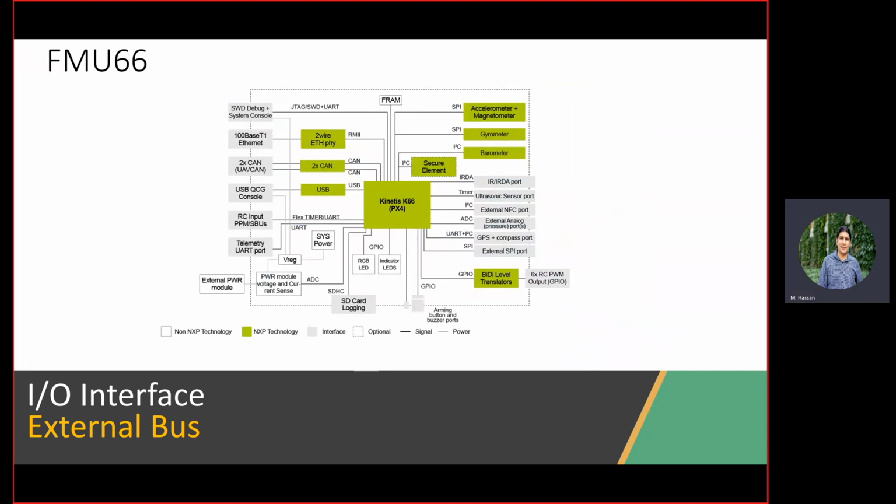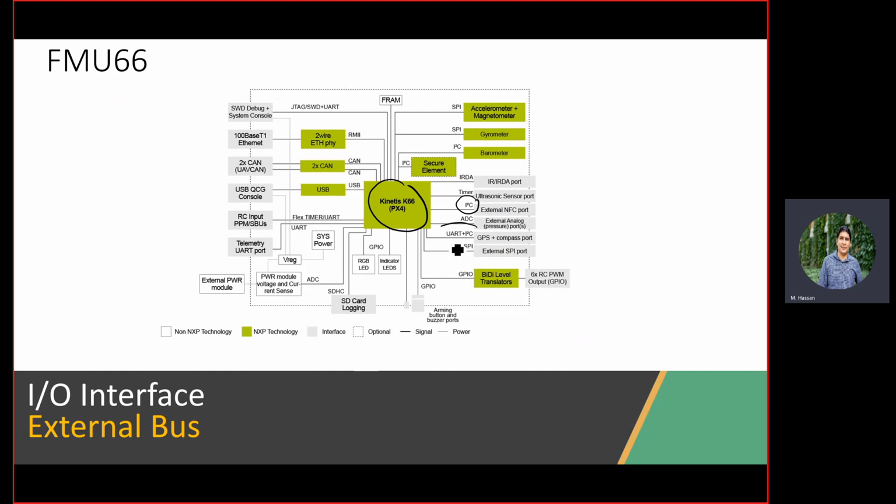So again, connecting this to what we do, if I look into the block diagram of our chip, you will find in the core of the chip the actual ARM processor. That's the Kinetis K66, which is an ARM M4 processor. This processor is connected to the interfaces, the boards, the actual things you put into your FMU wide package, through an I2C.